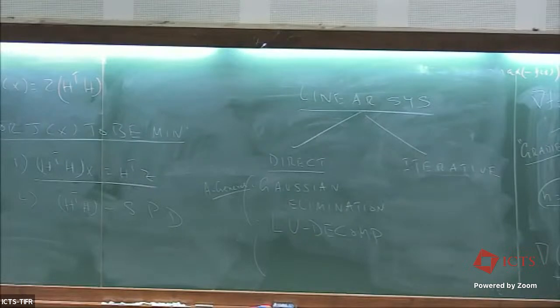Mathematicians, numerical analysts are extremely intelligent people. You tell me the property, I will give you a specialized algorithm for that. So to solve Ax equals b, A general, LU decomposition. A is symmetric, further specialization. A is symmetric and positive definite, further specialization. You give me more structure, I will give you more and more specialized algorithms.